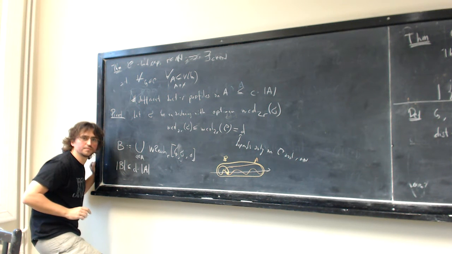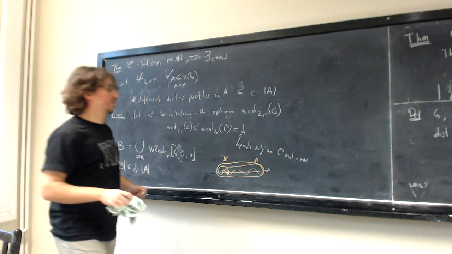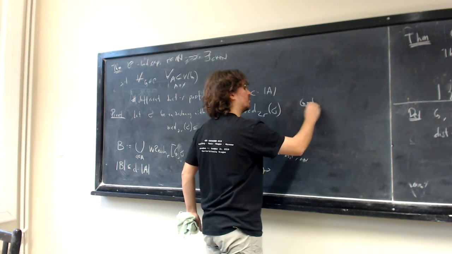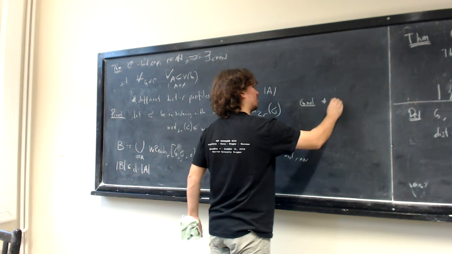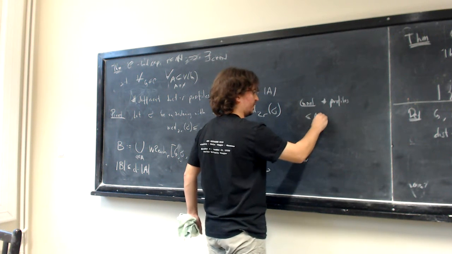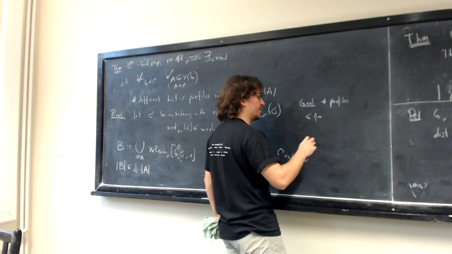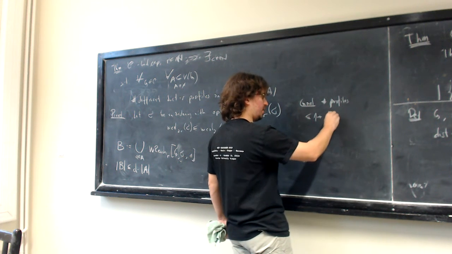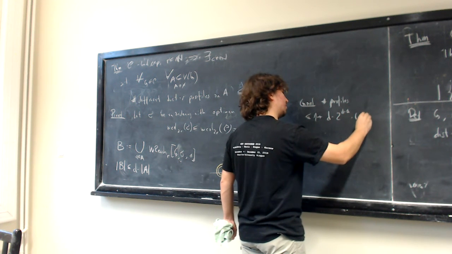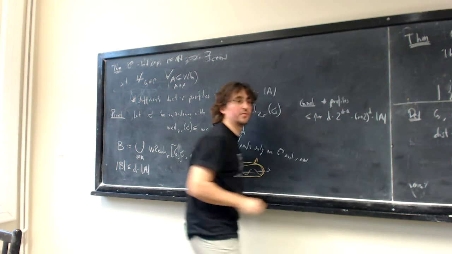So what we have is that the size of B is at most D times the size of A. Oh, by the way, I will prove that the number of different profiles, so the goal is that the number of profiles is at most 1 plus, this is for the empty profile, everything mapped to infinity, times D times 2 to the D minus 1 times R plus 2 to the power D times the size of A. This is our goal.